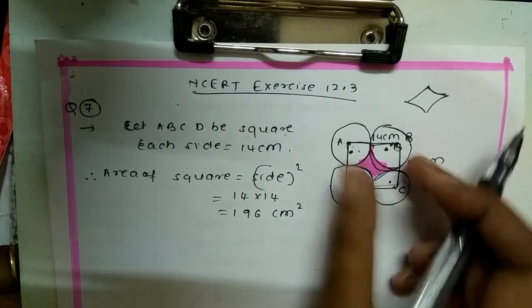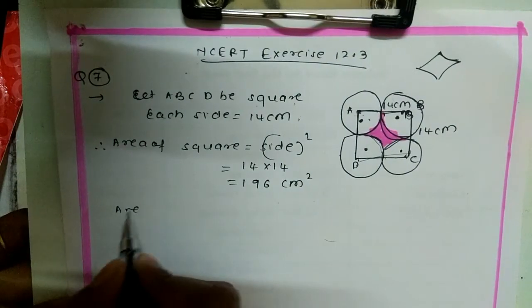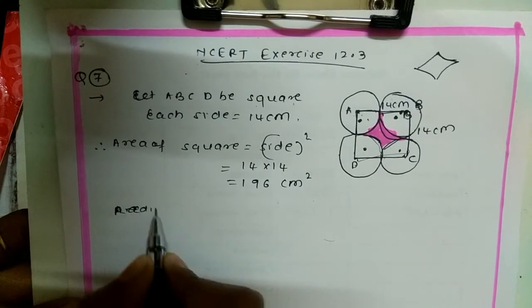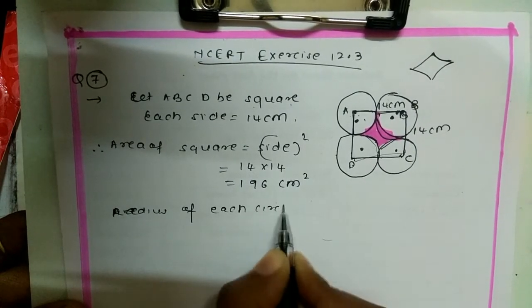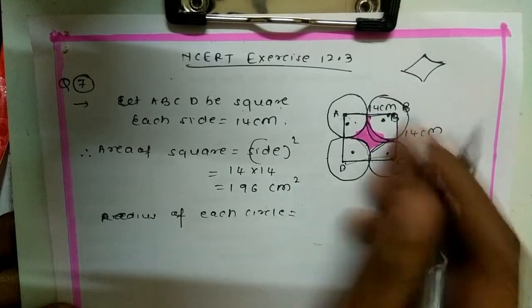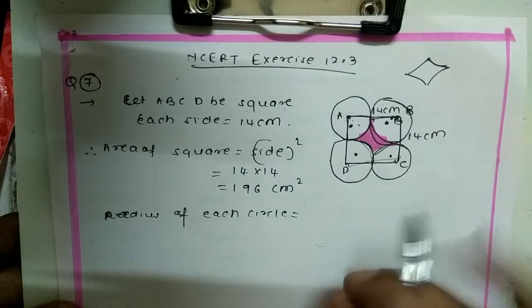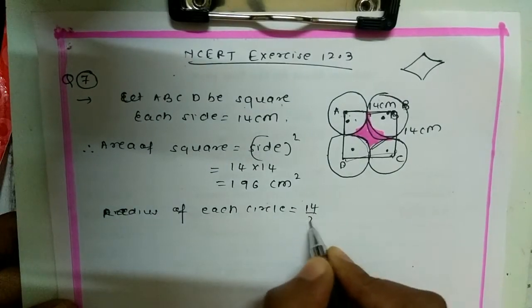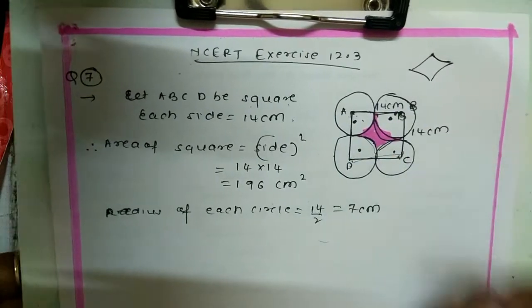The centers of 2 circles are joined, so here 7 and here 7 we get. So the radius of each circle will be half of this. That is half of 14, 14 divided by 2, that is 7 centimeter. And for each circle we will get the same radius.